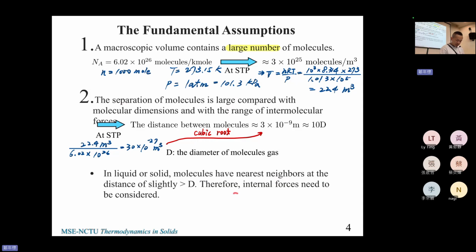For a solid like a crystal, the atoms' molecular size is very similar to their distance. So solid and liquid cannot make this assumption. In the gas, because they are so far away from each other, their interaction can be neglected. But for liquid or solid, the internal forces need to be considered.